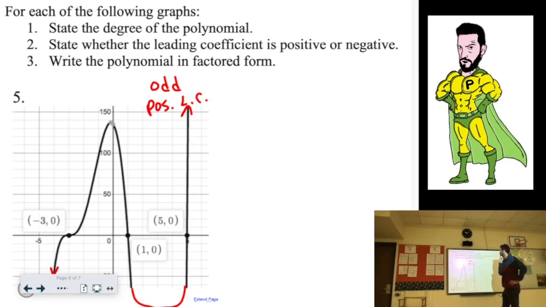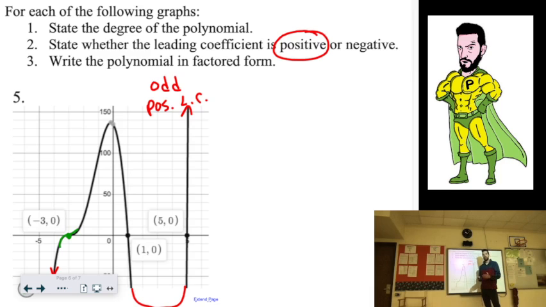So, state the degree, we don't know yet necessarily. Lead coefficient is positive or negative, it's positive for sure. And then write it in factored form. So let's look for our zeros here. I see it's got a 0 at -3, but you'll notice it doesn't just cross through there. There's that bend, which means it has an odd multiplicity.